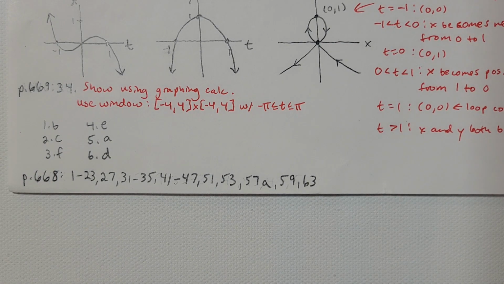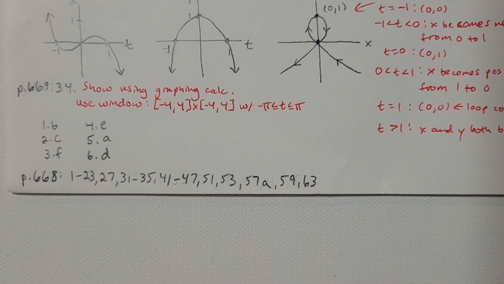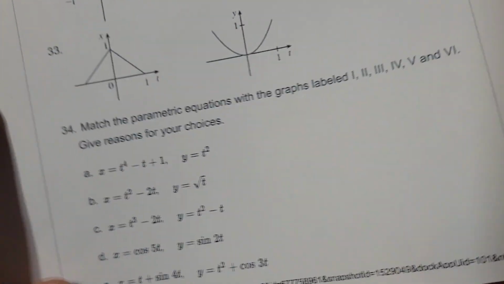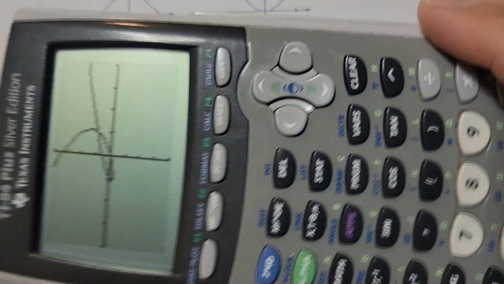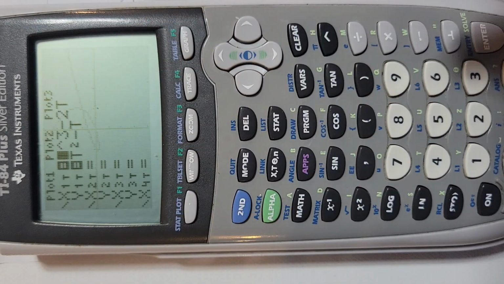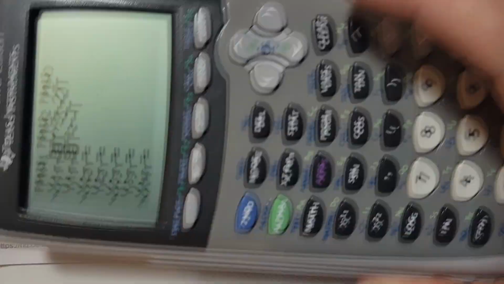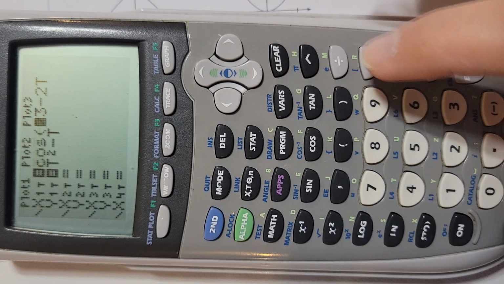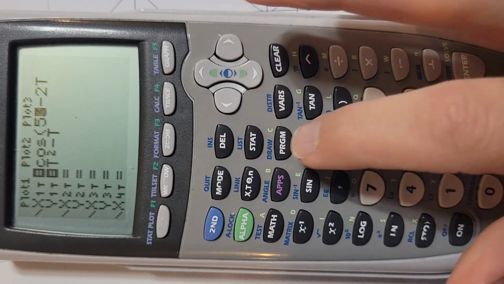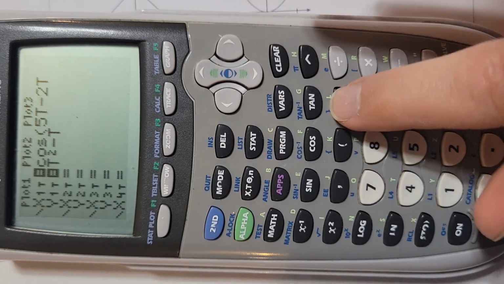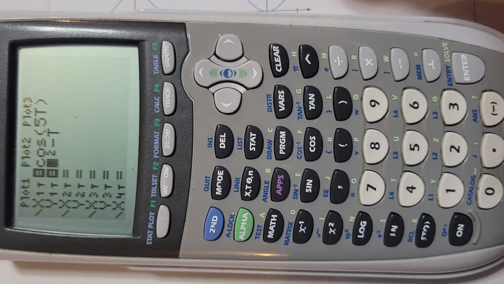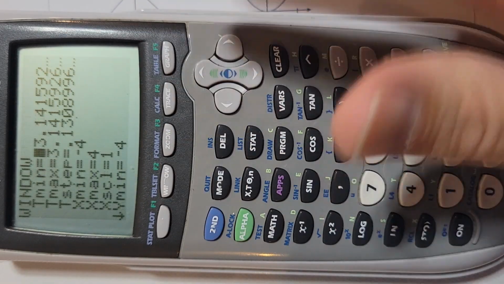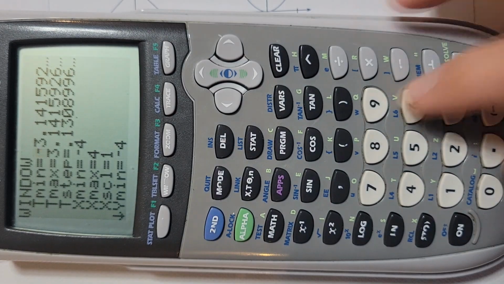Okay, so the next one, it looks like the other 3 are some trig ones here. So we'll have cosine of 5t, and again, if I'm not seeing the entire curve, I'd want to adjust the t min and max just to see everything.